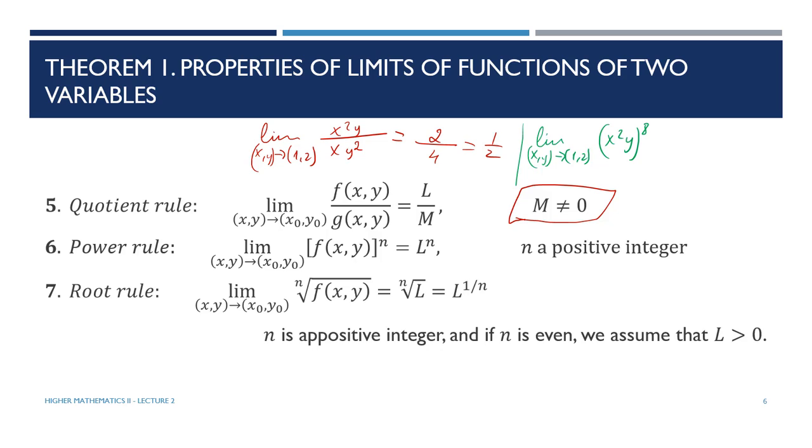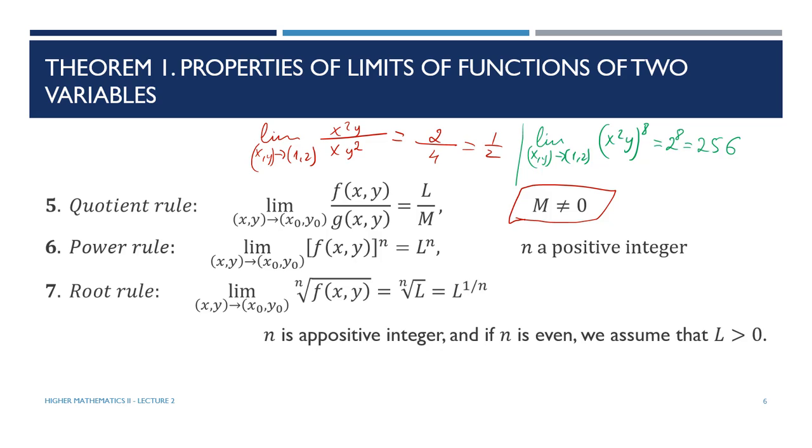The first way is to calculate this power, and the second way is to calculate the limit and then the power. I know the limit of this one was 2 and the power is 8. 2 to the power of 8 is, I think, 256.